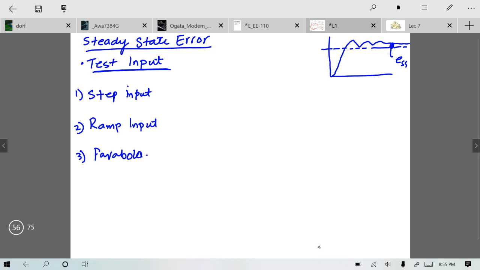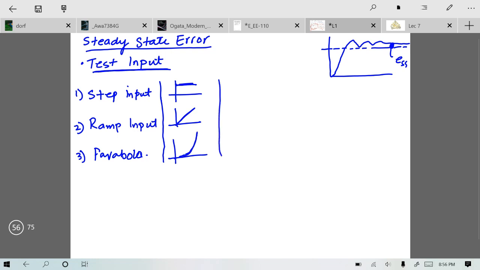The step input can be drawn like this, a straight line. Let me draw all of these. The ramp input can be drawn like this, and the parabola can be drawn like this.